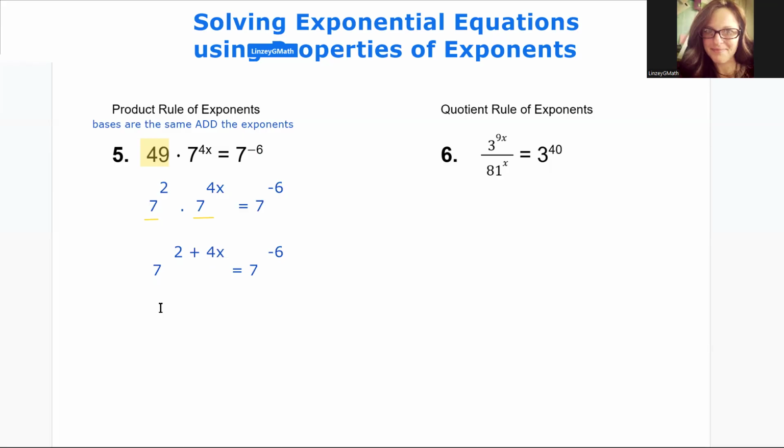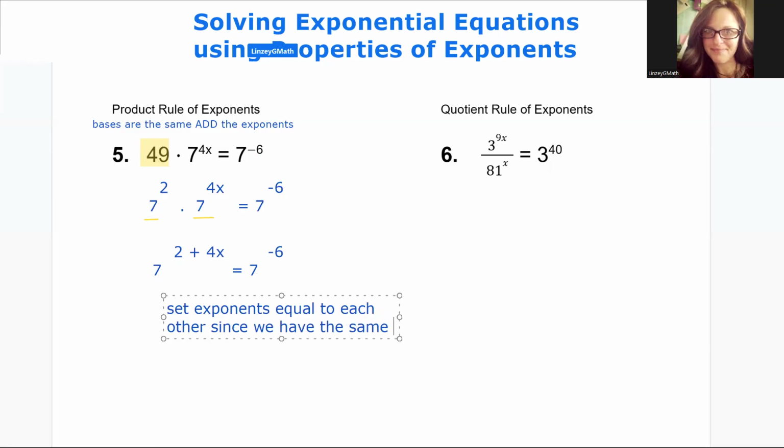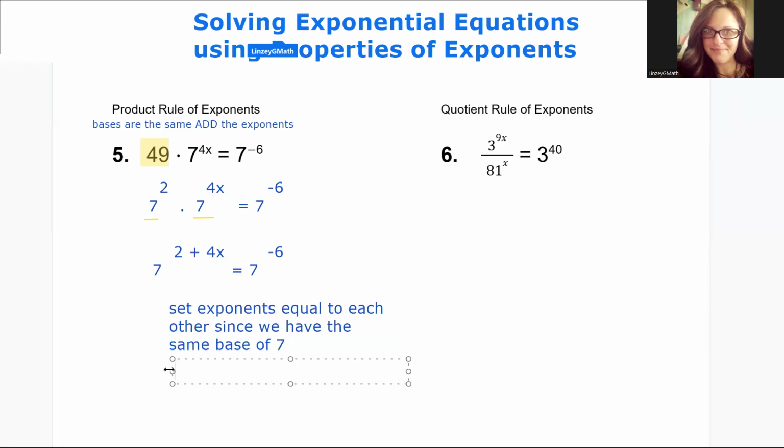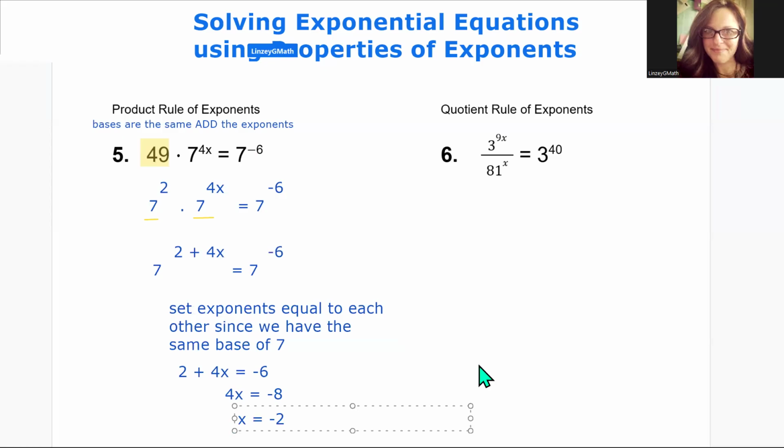We can set the exponents equal to each other since we have the same base of 7. And we get 2 plus 4x is equal to negative 6. Subtract 2, and divide by 4. And our answer is negative 2.